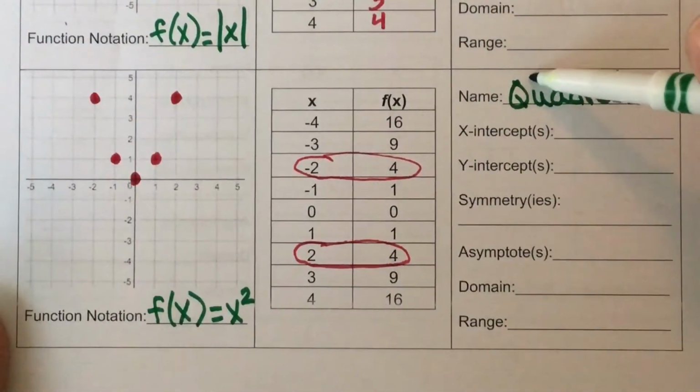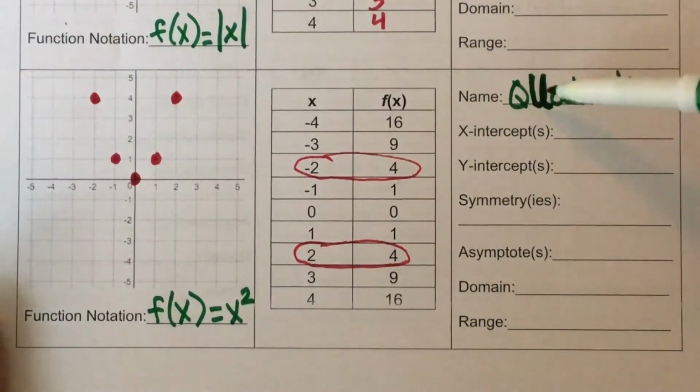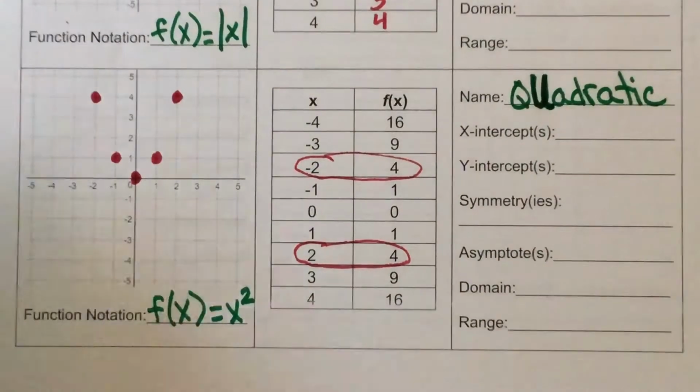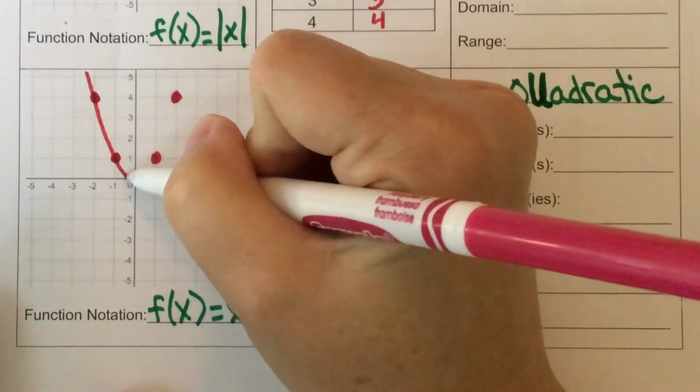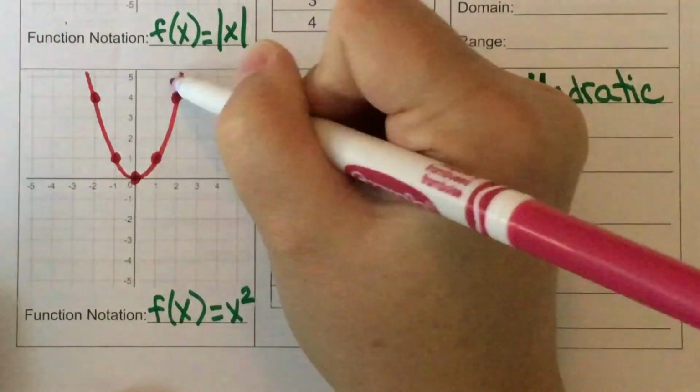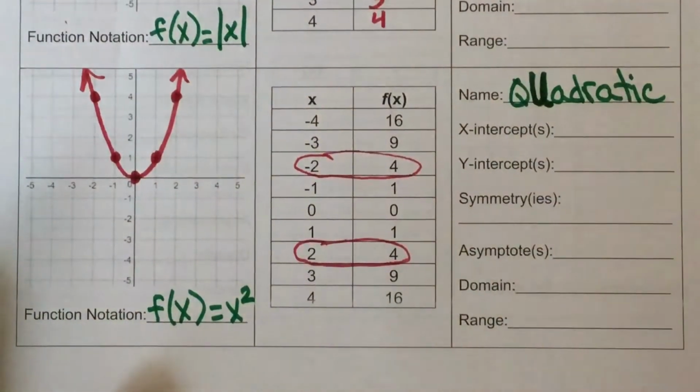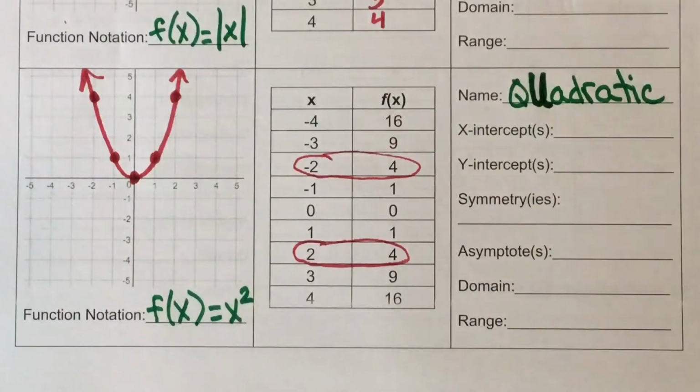Think of the letter U in the word quadratic. So that U means this is a U-shaped graph. So try to make it curvy and not look like a V with arrows on both ends. And this is our quadratic parent function.